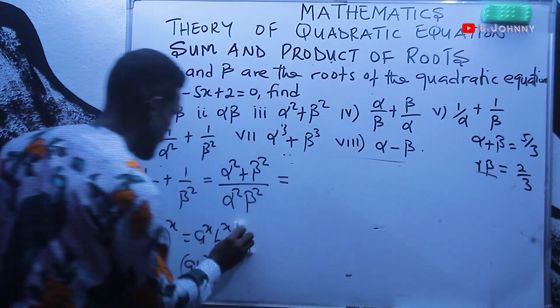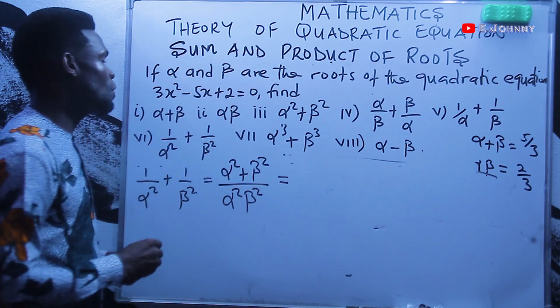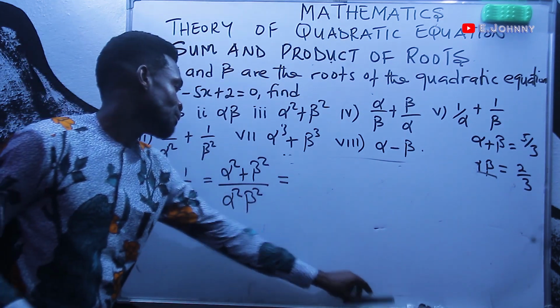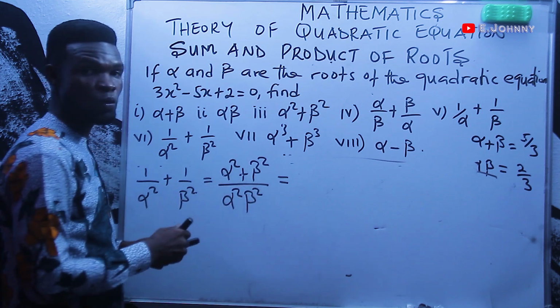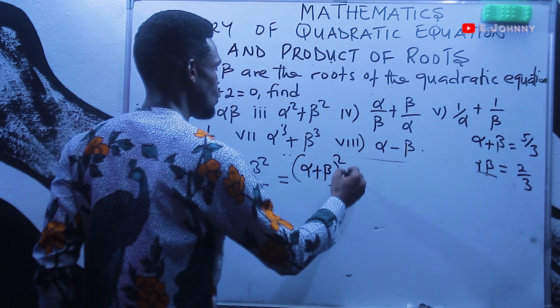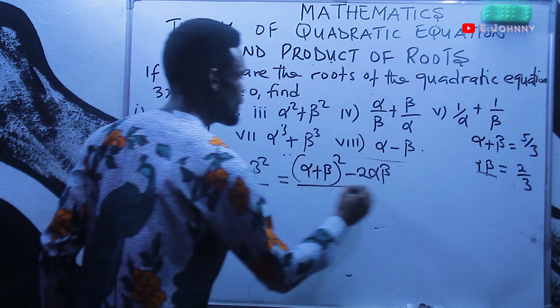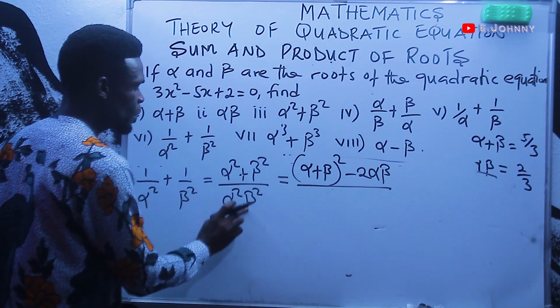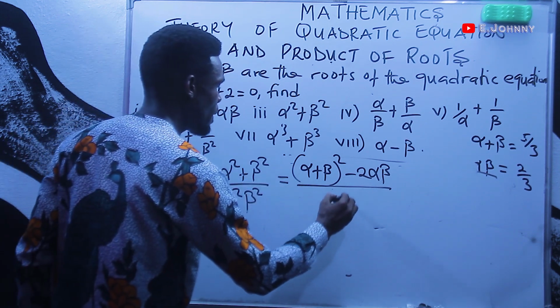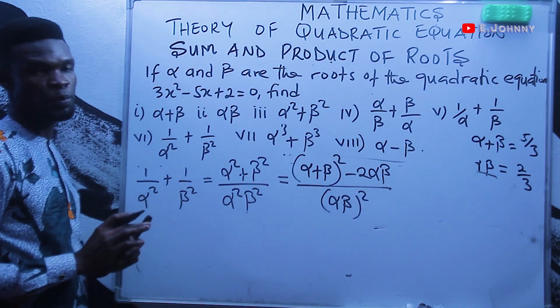So in the light of that truth, don't forget first of all that alpha square plus beta square is alpha plus beta all square minus 2 alpha beta, divided by alpha square beta square, which will be alpha beta all square, from that concept I just explained.